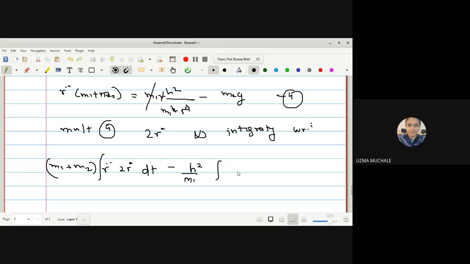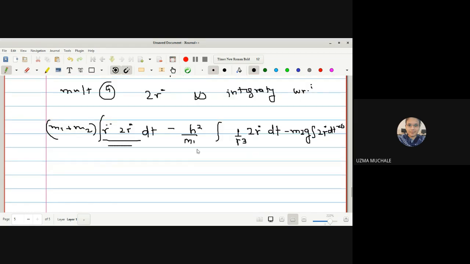So what is the resultant? 1 upon r cube, and what have we multiplied with? 2r dot integration with respect to t. What is the last term? Minus m2 g integration of 2r dot with respect to t, which is equal to 0.